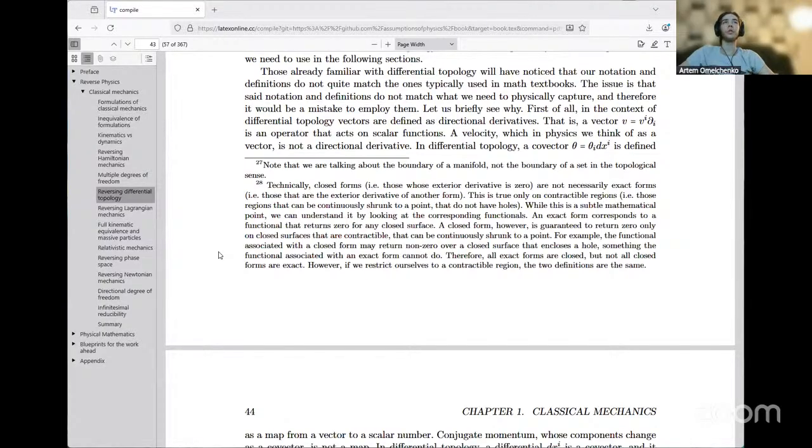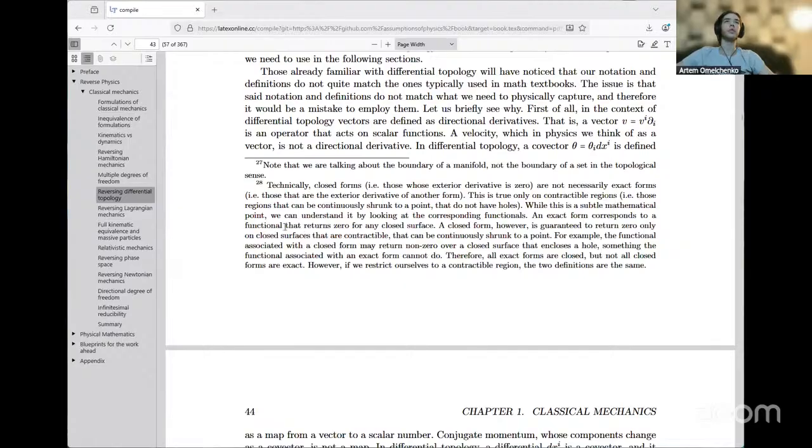First of all, in the context of differential topology, vectors are defined as directional derivatives. That is, a vector v equals v with the upper index i times partial i, an operator that acts on scalar functions.